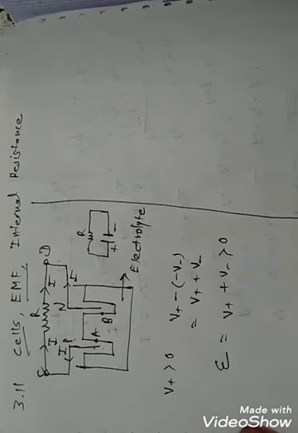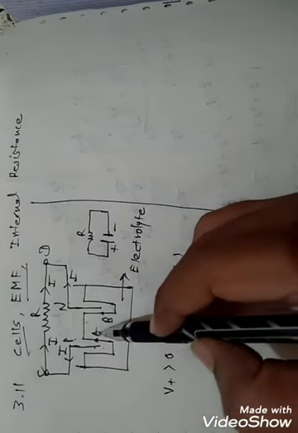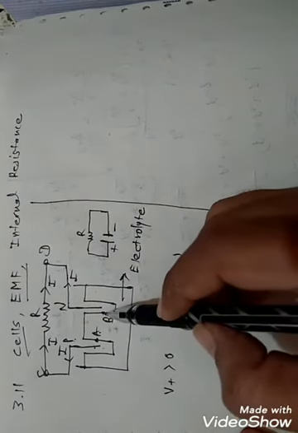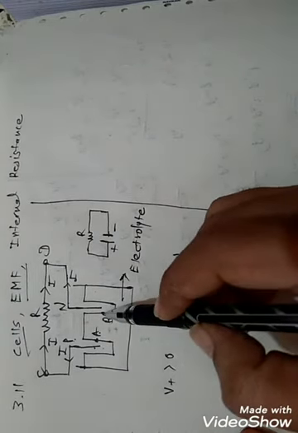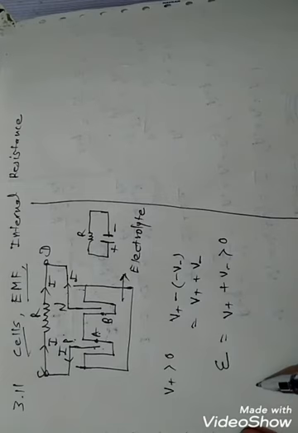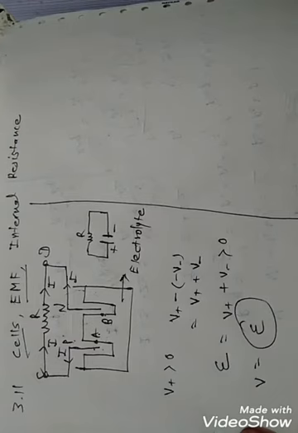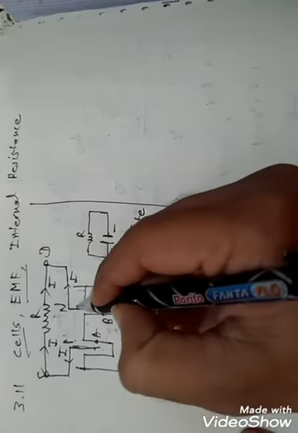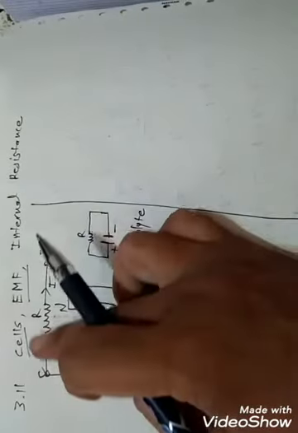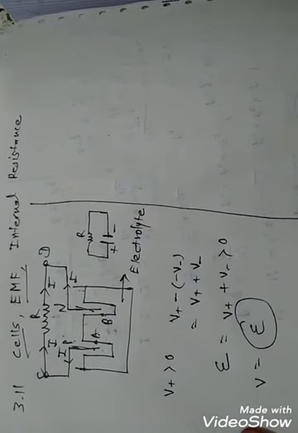So the potential difference between P and A, plus between A and B, plus between B and A gives the total, which is E. Note down: EMF is the potential difference between the positive and negative electrodes in an open circuit, when no current is flowing through the cell.